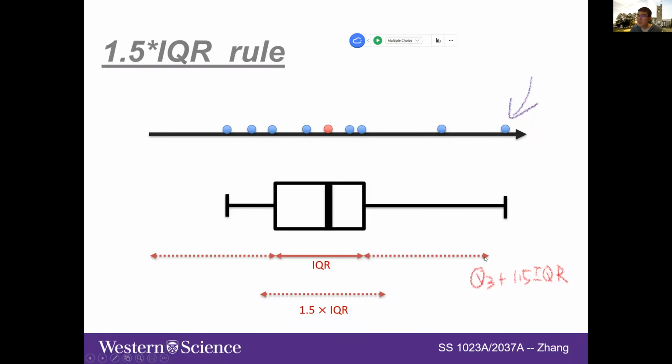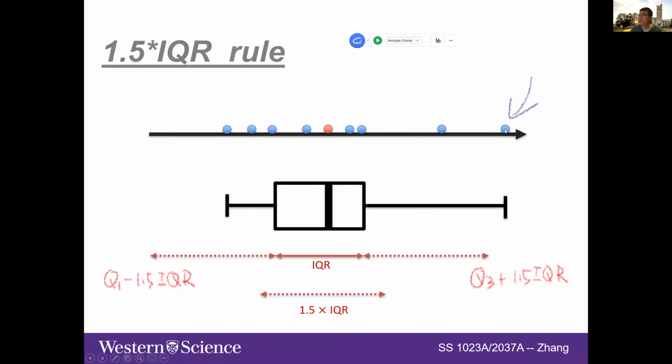So this point will be our Q3, the third quartile, plus 1.5 times IQR, which is the length of this bar. And for this point, it will be Q1 minus 1.5 times IQR. We will use this region to help us determine whether a point is an outlier or not. If the point is located outside this range, then we say it is an outlier. And if this point is located inside of it, then it is not an outlier.